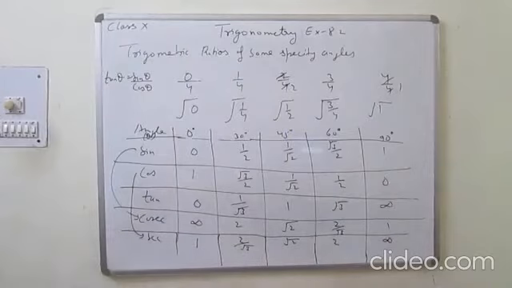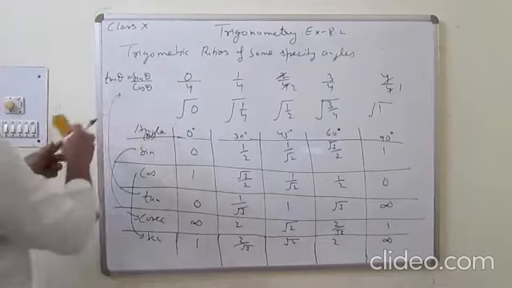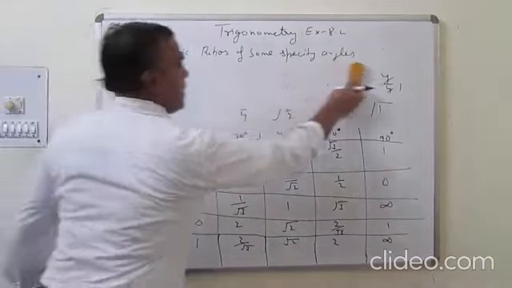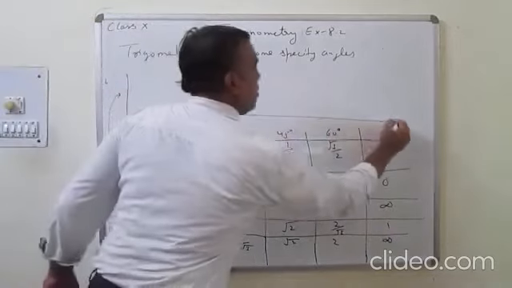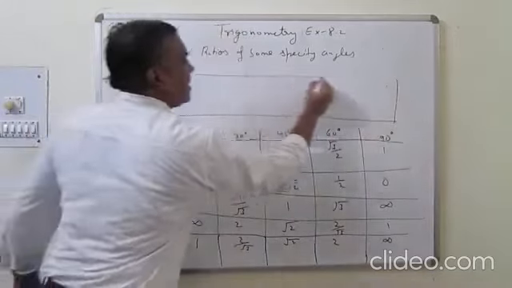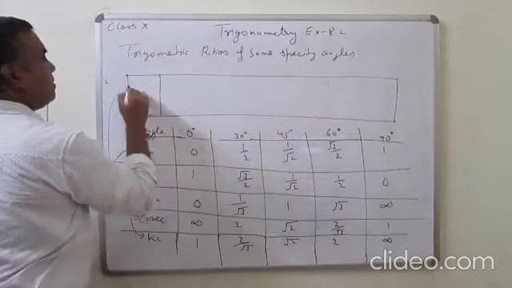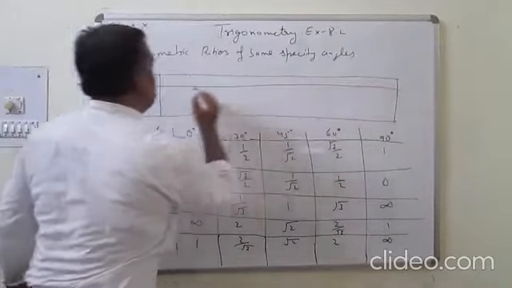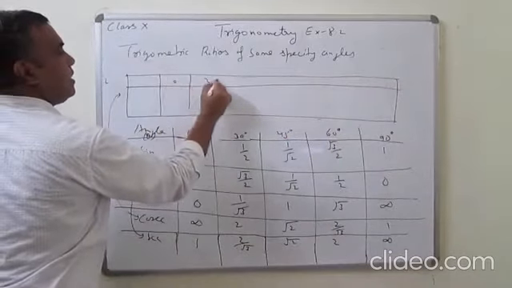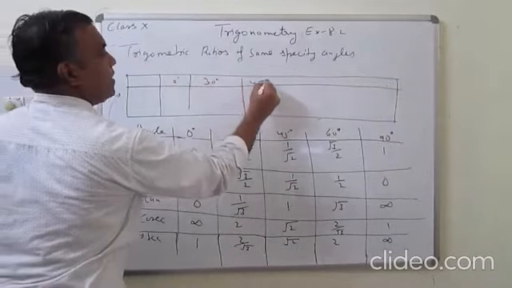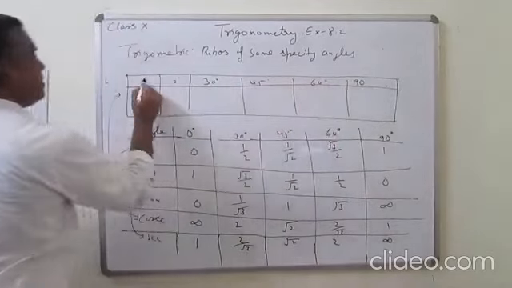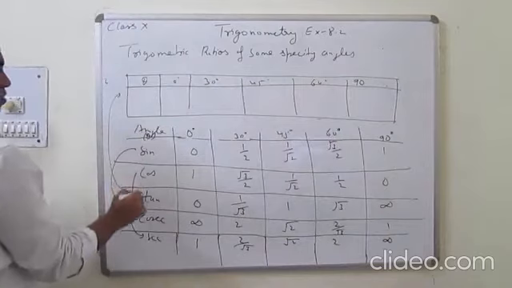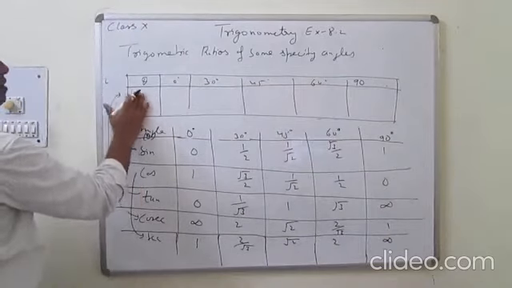Now the reciprocal of tan is cot. I write it here. 0 degree, 30 degree, 45 degree, 60 degree, 90 degree. This is theta. Now reciprocal of tan I will write here, cot.